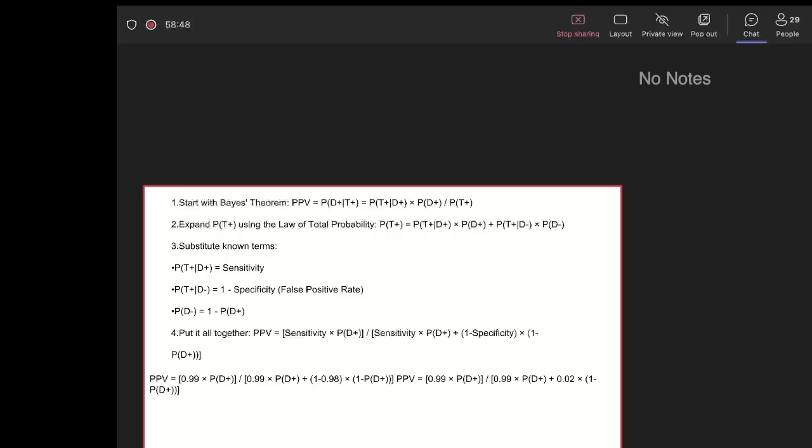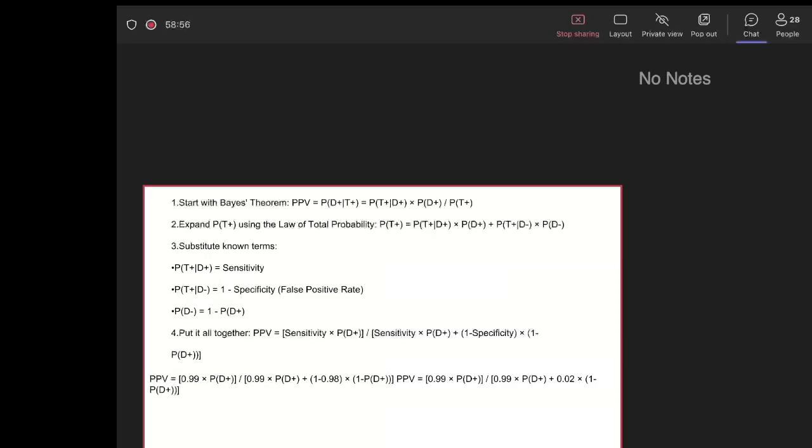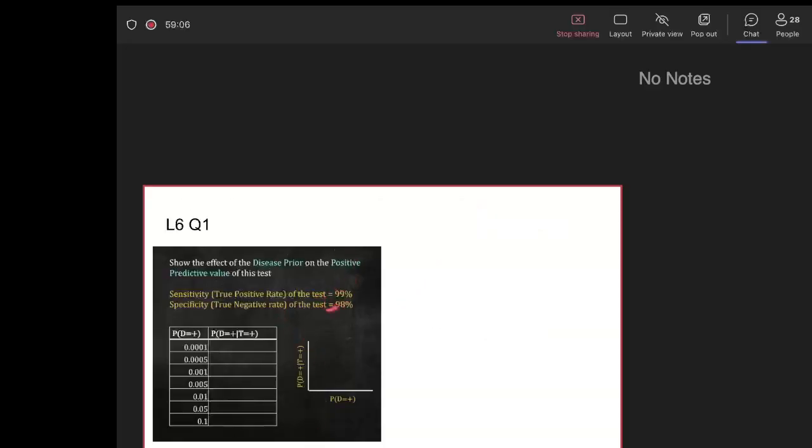But in the question we have not been given the probability of true positives, we have just been given sensitivity and specificity. So we have to break down this equation further so that we can use the numbers that are given.